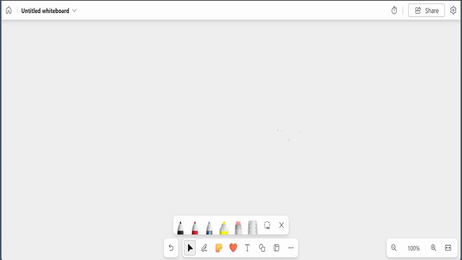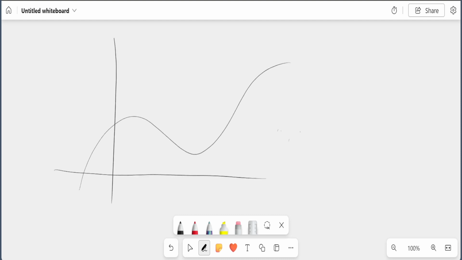So let's start with a problem. I'm still going to talk about what antiderivatives are first, right? So let's say we have a curve like this, and we want to find the area, let's say from 0 to 2.